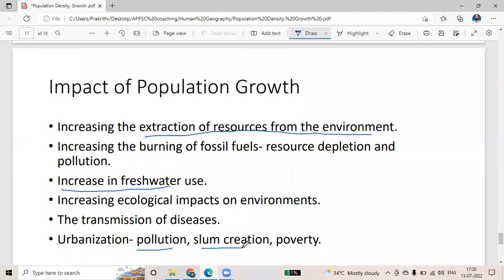So ज़्यादा people, if they are concentrating in urban area, either they will be unemployed or they will be underemployed, and the result will be low wage, no wage, resulting in poverty. So these are some of the impacts of the population growth. There are many that you can find out.